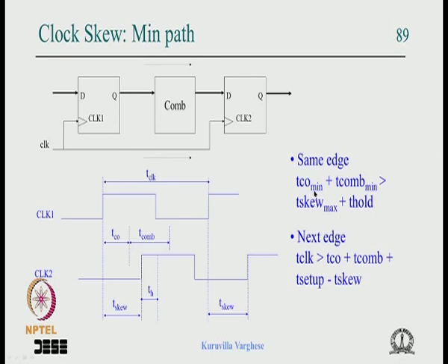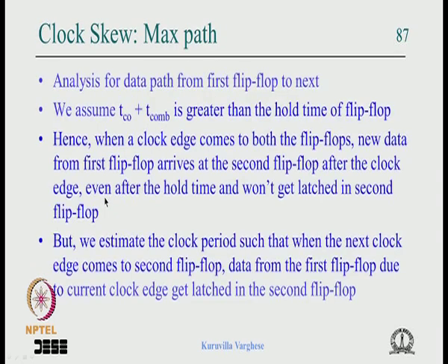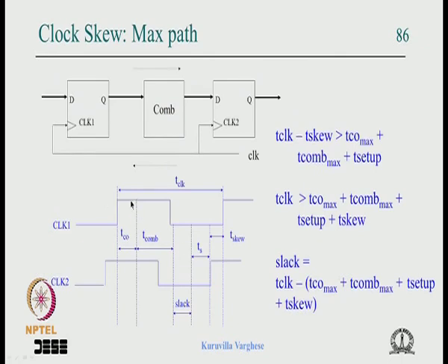If it is not so, it can violate, and if a violation happens, reducing the clock frequency is of no use, because in the earlier problem, if we have a clock period which cannot accommodate this kind of skew, then we can increase the clock period.